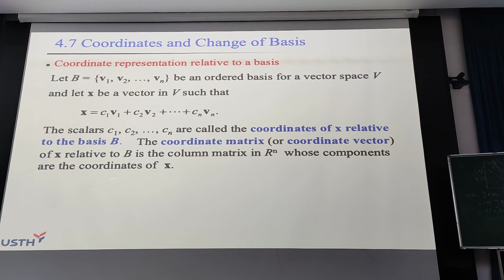And the coordinate matrix or coordinate vector of x relative to B is a column matrix in Rn, having the components to be the coordinates of x. So that is just another name. We can call it coordinate, coordinate matrix, coordinate vector, coordinate column, any kind. But you need to keep the name coordinate.